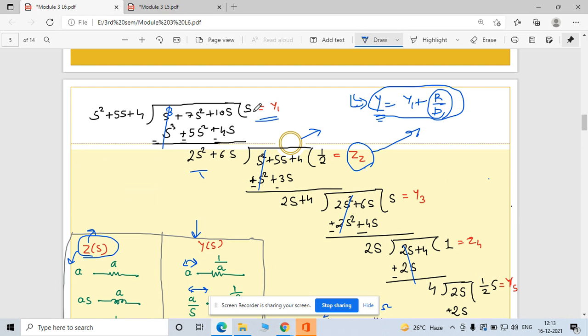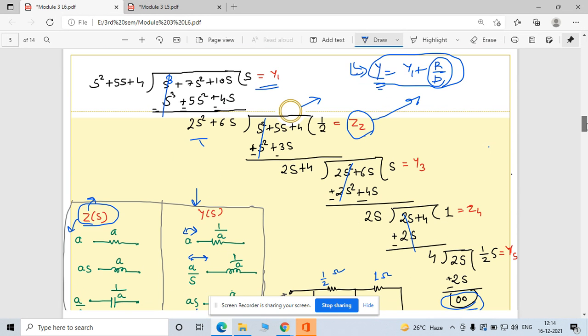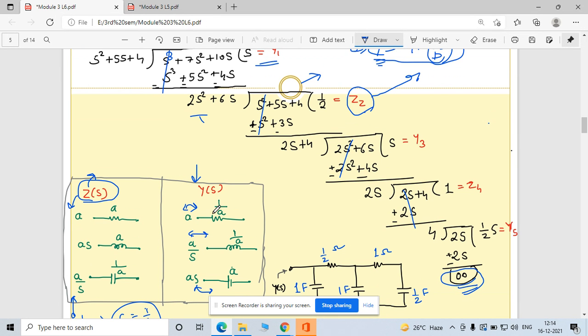And this is Z2, so how to find Y2? Y2 is 1 by this Z2. So Y2 is nothing but 2. This 2 represents a constant, and that constant represents 1 by A here.